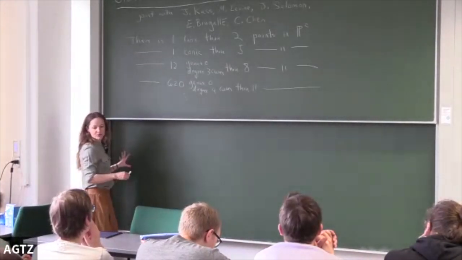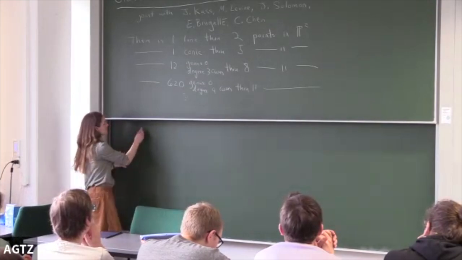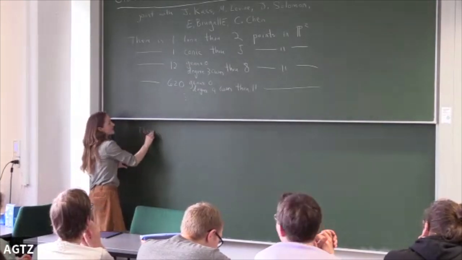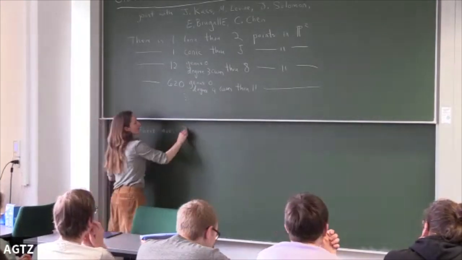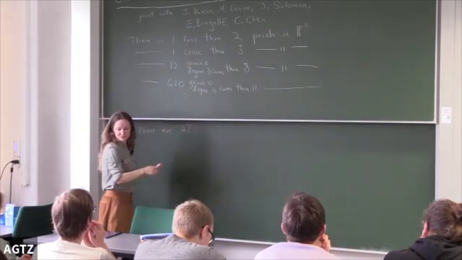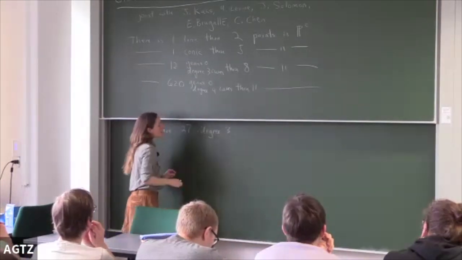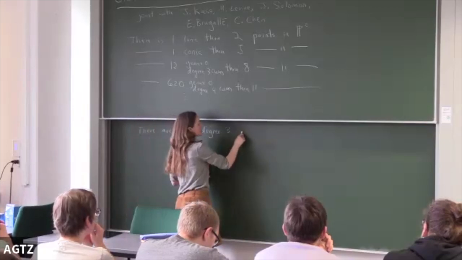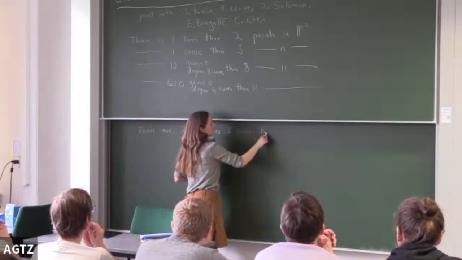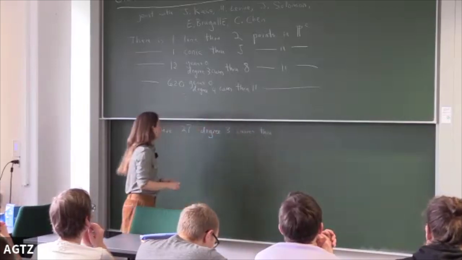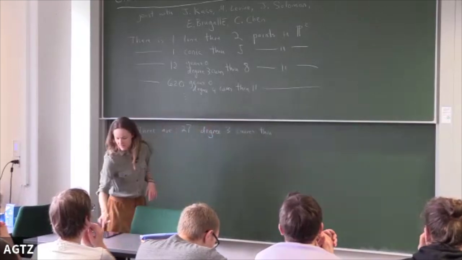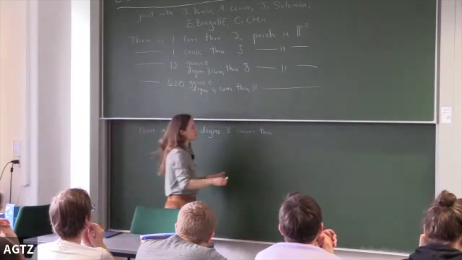But I'll do just a few more because I like them. So there are 27 degree 3 curves through 6 points. So 2 times d in P3.